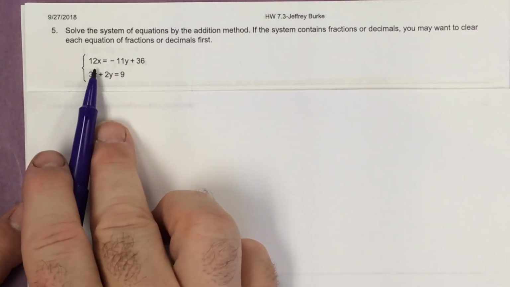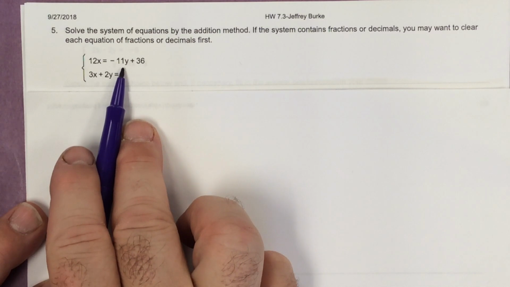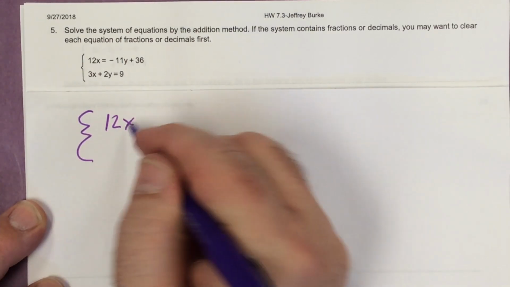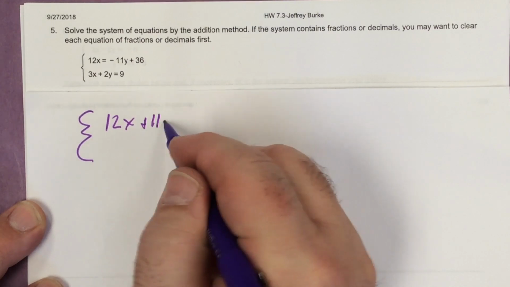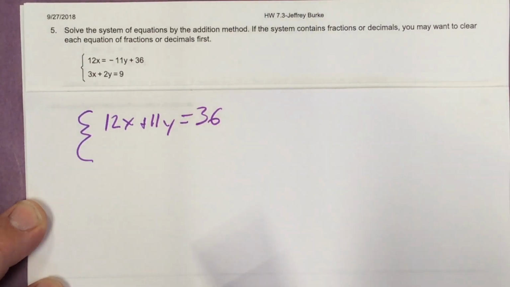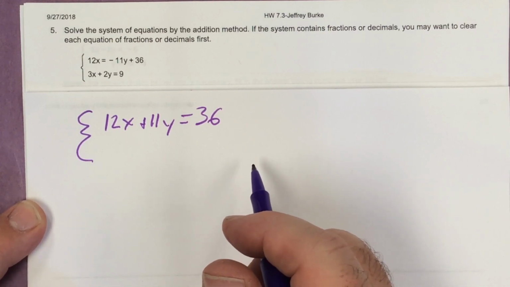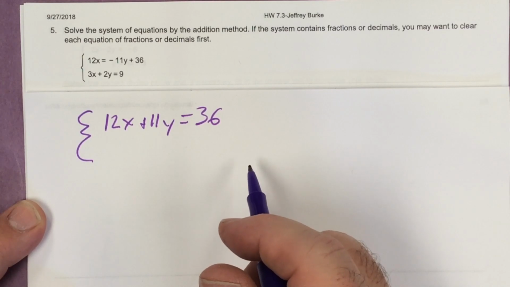I'm probably going to readjust this equation here because I want this negative 11y to be on the opposite side of the equal sign. So I'm going to rewrite it as 12x plus 11y equals 36. For those people who are watching these videos who have not had me as an instructor, it's helpful to know that I've gone through the process of applying the additive inverse, so that when we move terms from one side to the other, it's an application of the additive inverse.